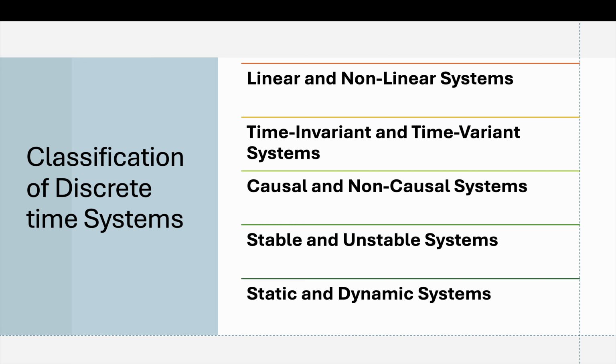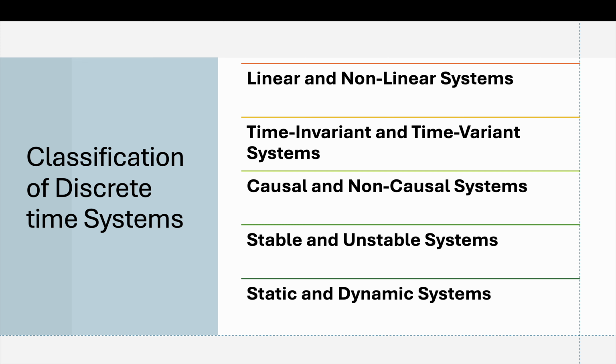And we have another classification which we call causal and non-causal systems. A causal system is a system where the response depends on present and previous inputs. A causal system depends only on present and previous values.